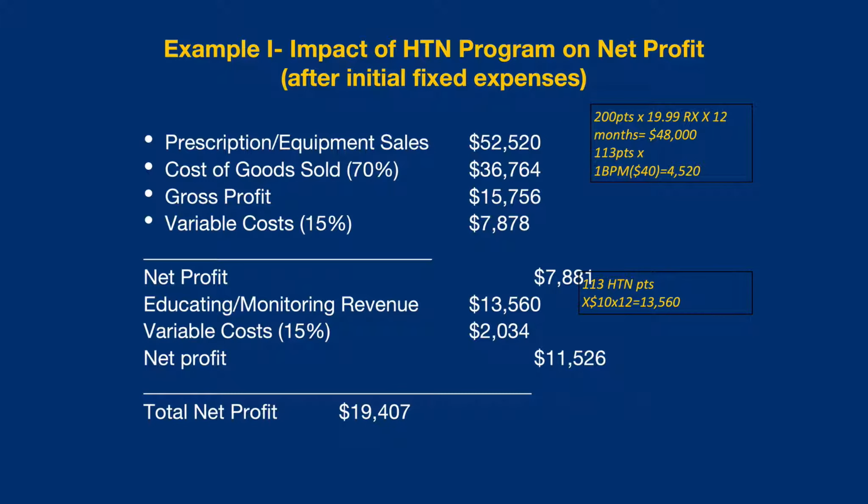The last couple slides, I just want to provide some examples for you. The first slide here is, say that I wanted to do a hypertension clinic service at my community pharmacy. And here's how the service works.